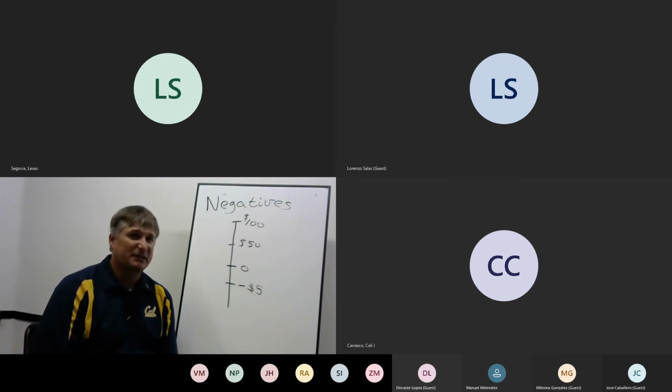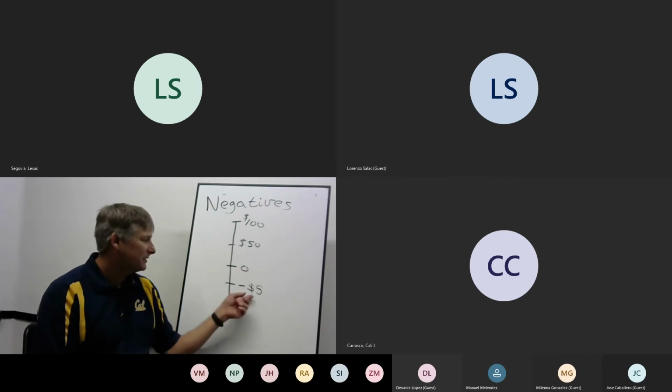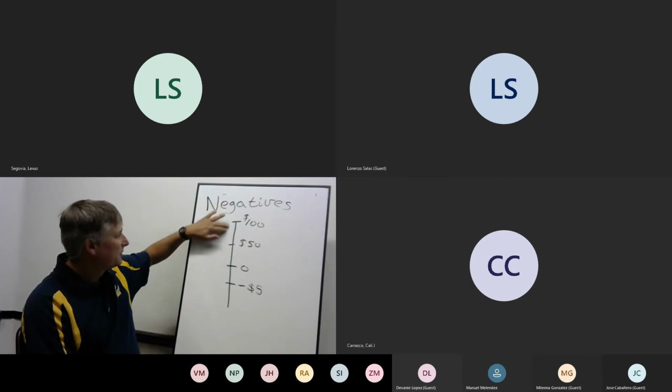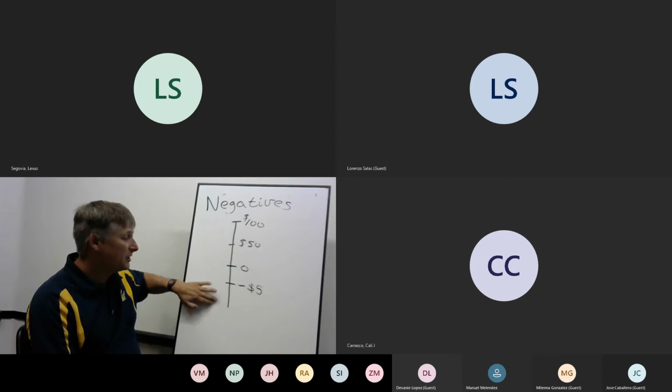Now, they won't always necessarily say it's negative. They might say that you owe $5, but technically it's a negative balance. So this is money that's yours. This is no money, and this is money you owe.